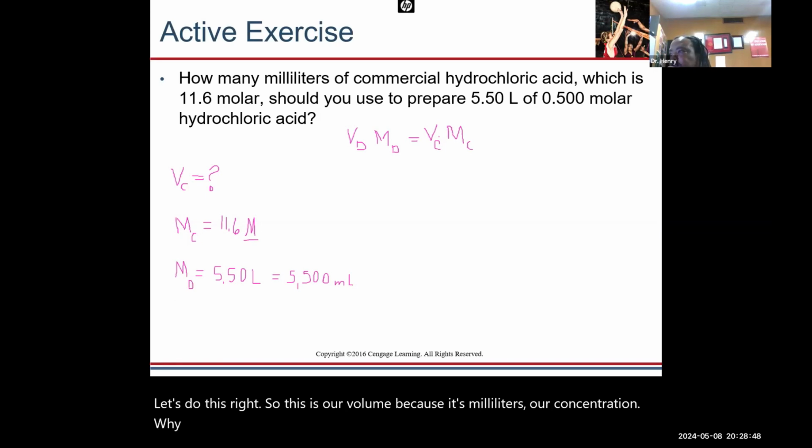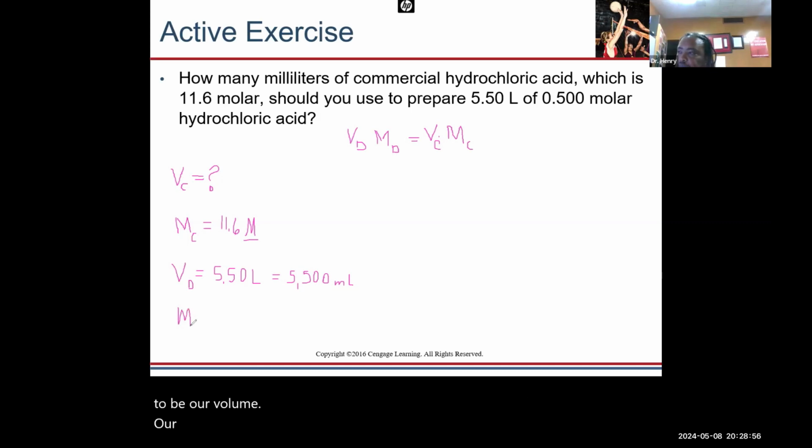And then let me fix this again. We'll get this right. My bad. That's going to be our volume. Our concentration is going to be MD, and that's going to be 0.500 molar. Okay, let me make sure.